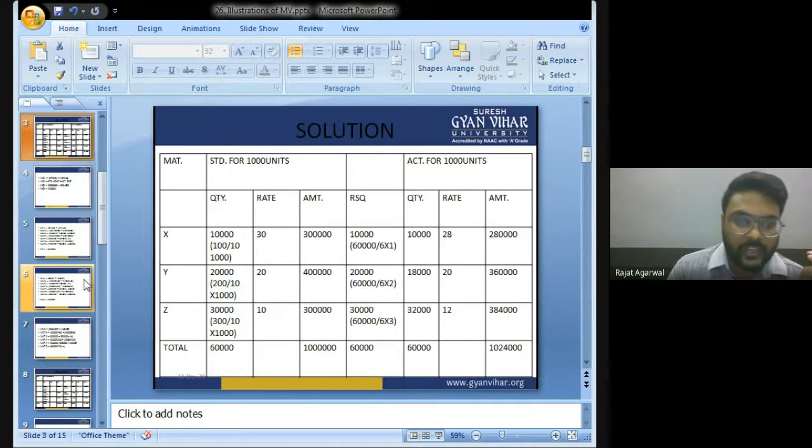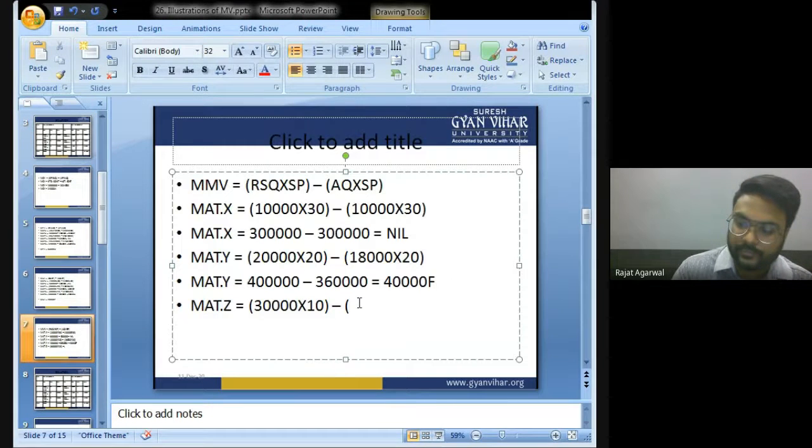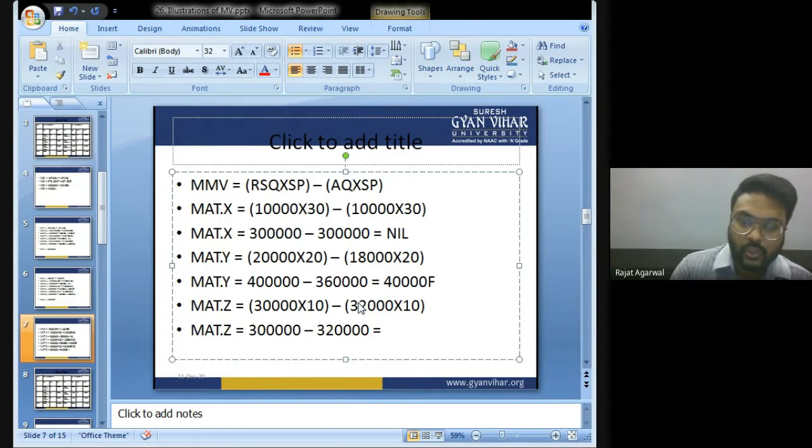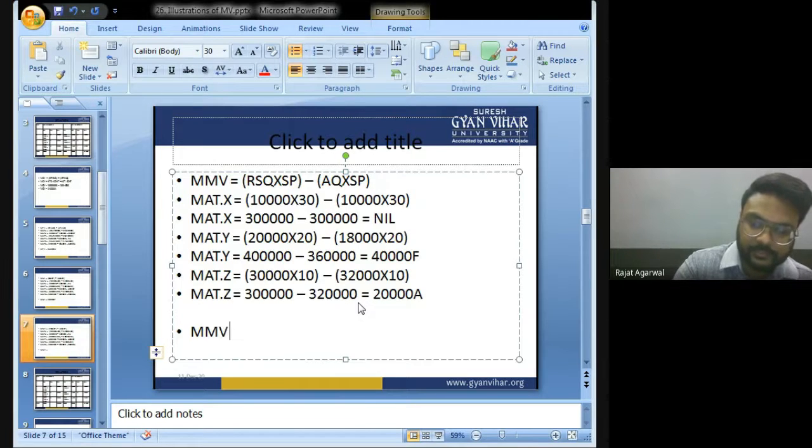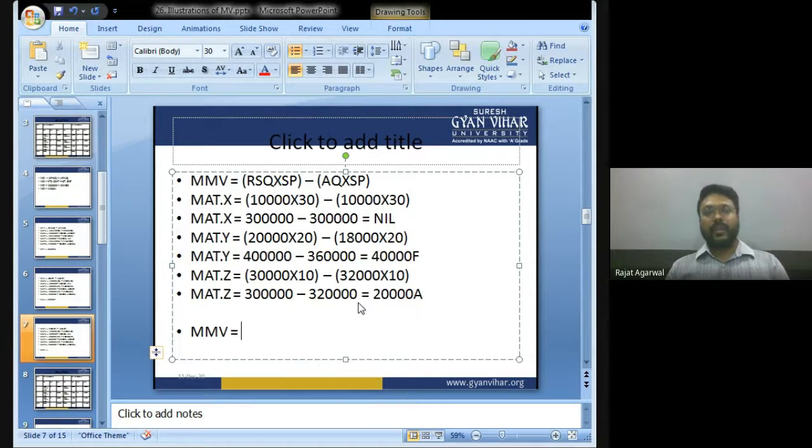Actual quantity of Z is 32,000 into standard price 10. 30,000 into 10 is 3 lakh, 32,000 into 10 is 3 lakh 20,000. So your answer will be 20,000 adverse. Material mix variance: 40,000 favorable minus 20,000 adverse, 20,000 favorable.